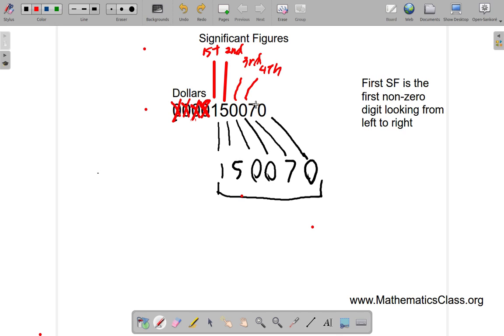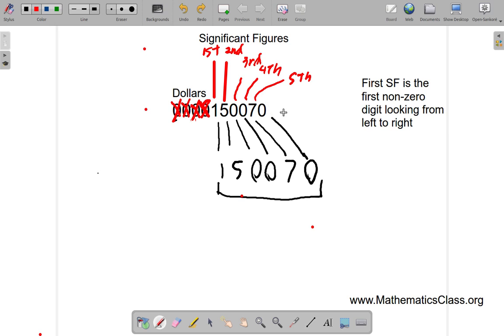What about this 7? If you leave out this 7, rewrite your money without this 7, you have 1500 and this 0. How much money is that? $15,000? No, can't afford to do that. The 7 is a significant figure, and it is our fifth significant figure. The 7 has meaning.